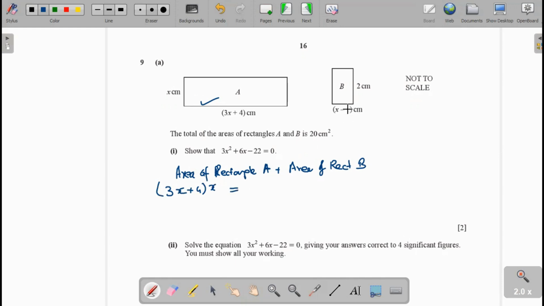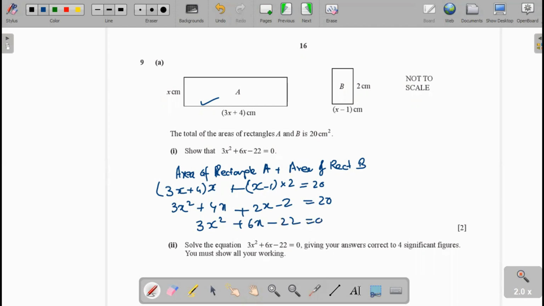Now here the length is x minus 1 and the width is 2. That is equal to 20 centimeters squared. Now we simplify it. 3x multiplied by x is 3x squared, 4 multiplied by x is 4x, plus 2x minus 2 equals 20, and that is equal to 3x squared plus 6x minus 22 equals 0.